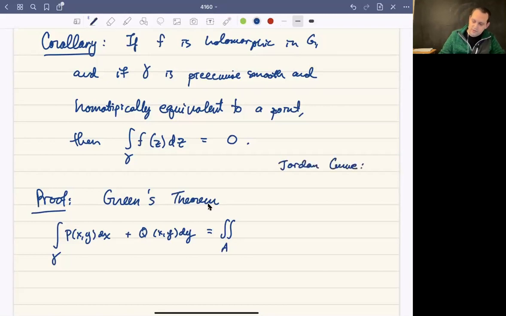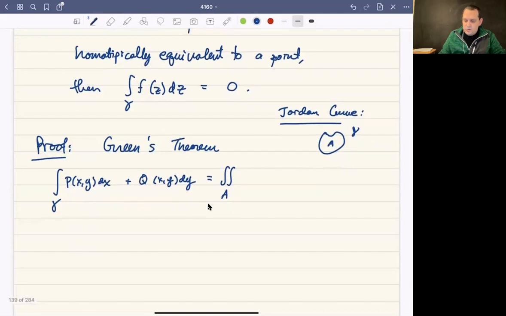The Jordan curve theorem basically says that if you have any closed simple curve in the plane, then that's going to subdivide the plane into two pieces. There's an inside and an outside. Here, since gamma is a closed curve, this is going to completely define a bounded region A. Okay.